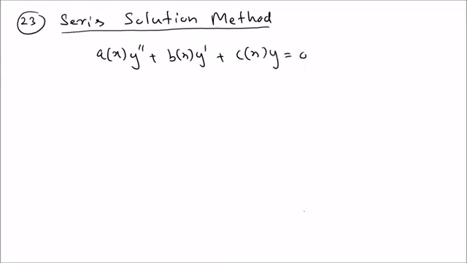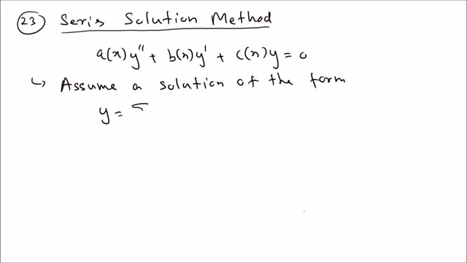The first step, we're going to assume a solution of the form y equals sigma n going from 0 to infinity of Cn x^n. So we assume that the solution can be written in this form, and then we can take the derivatives of this one.